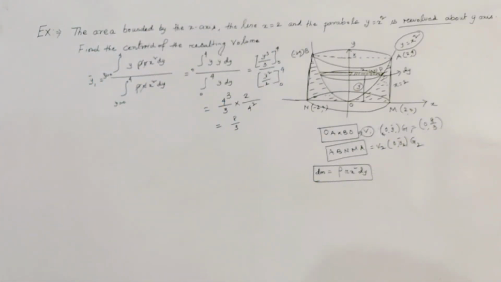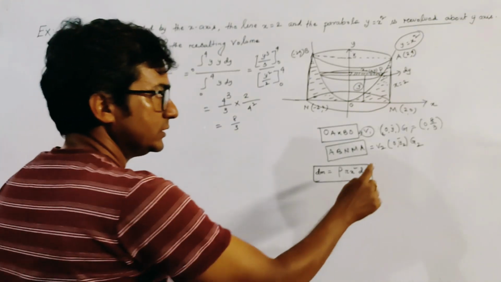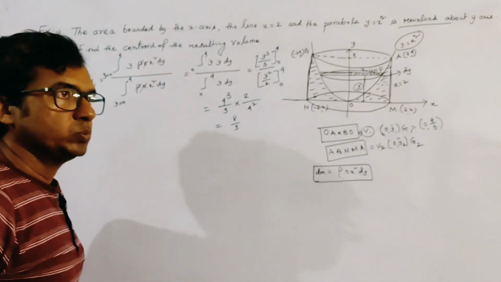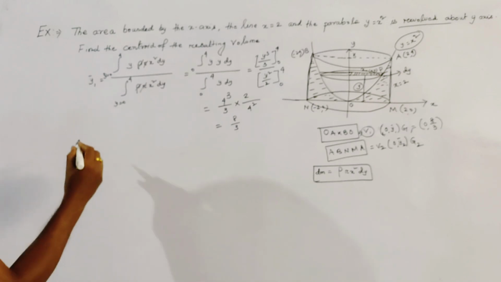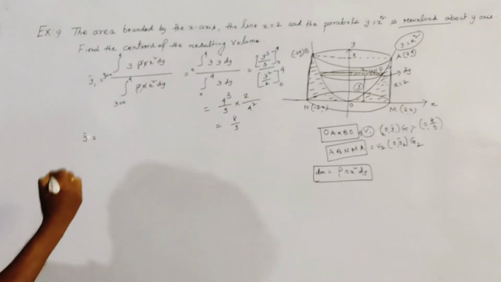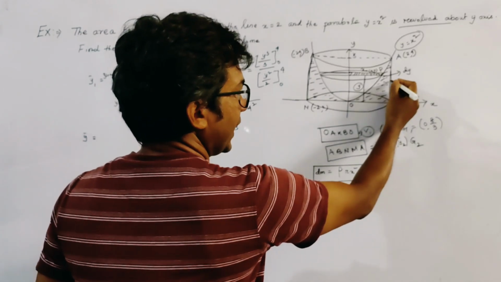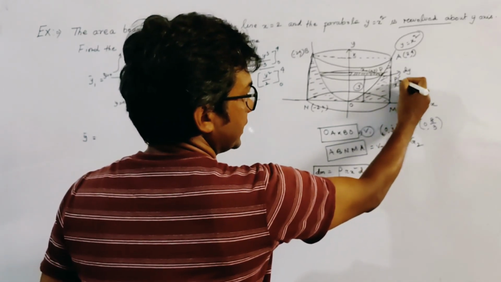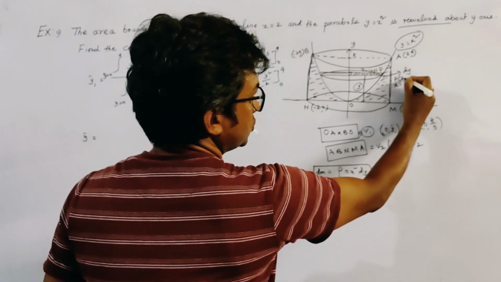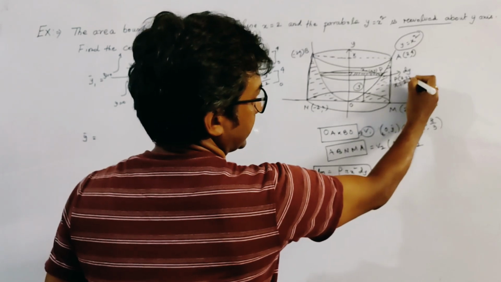Okay, now we try to find the value of y2. Now take another point on this line. Okay, this is P and its coordinate be 2, y.